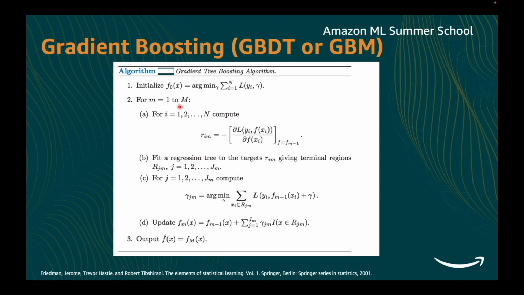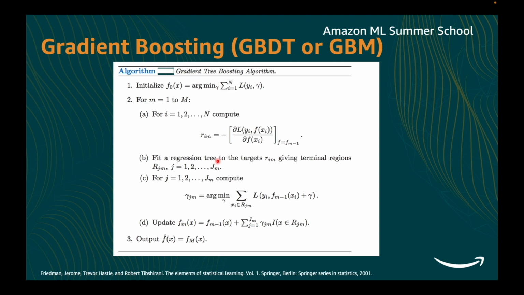And then iteratively, you are computing this residual r_im for each of the i examples. m is the number of rounds over here. So for each of those, you're calculating the residual value of the gradient. The residual value is the gradient, sorry. And you're fitting a regression tree such that you are actually predicting the residuals.